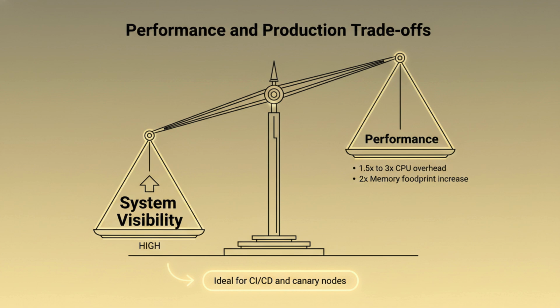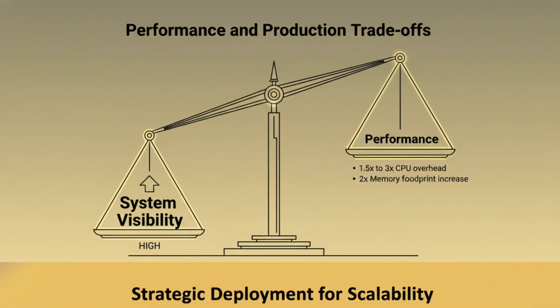Instead, it should be deployed in pre-production staging areas, CI/CD pipelines, or on a small subset of canary nodes that mirror production traffic. Understanding these overheads is key for infrastructure architects when designing a testing strategy. By accepting these performance trade-offs in a controlled environment, you can ensure that the kernels running your most critical workloads are free from the memory corruption that leads to massive outages.